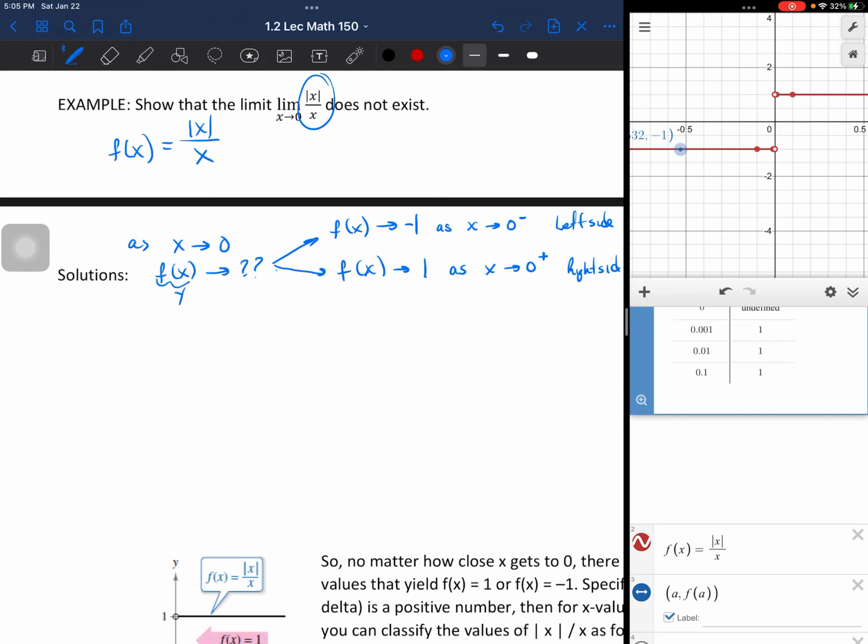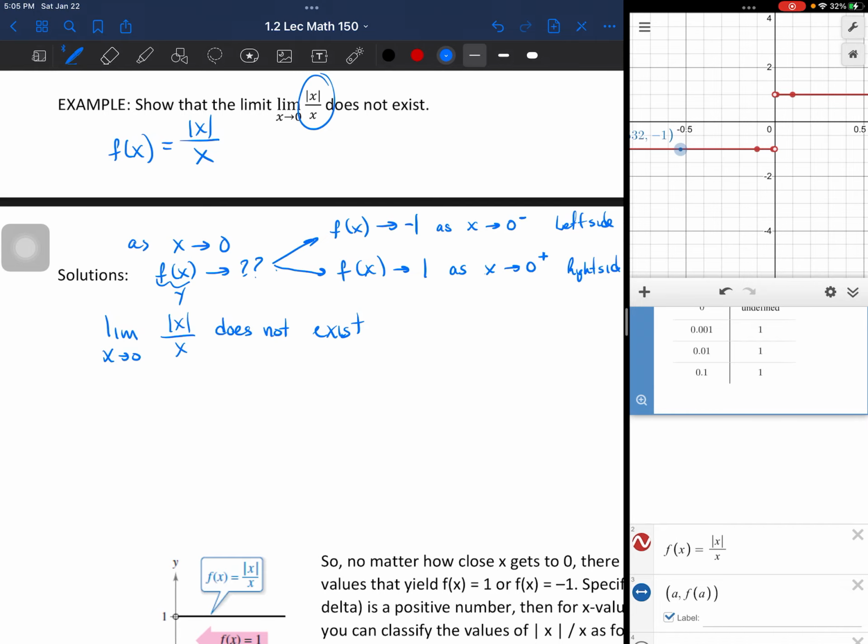So in this example, the limit of this function as x approaches 0 does not exist, because it does not approach the same value. And that's it, that's the whole thing.